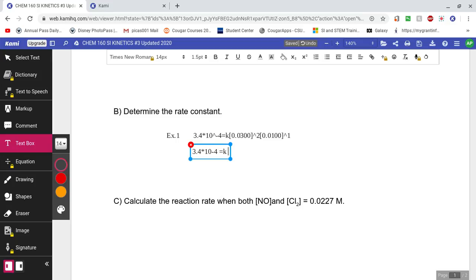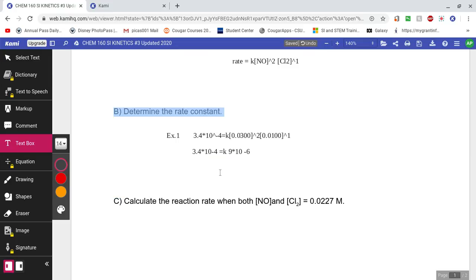So we get the value of 9 times 10 to the negative 6. Perfect. And then we divide this over. So we will take 3.4 times 10 to the negative 4 and divide it by 9 times 10 to the negative 6.